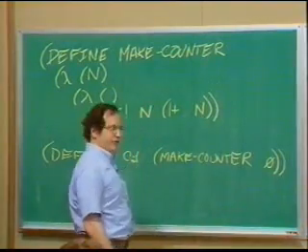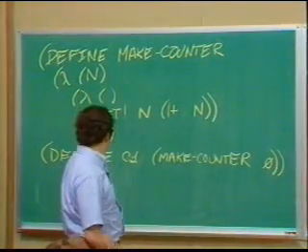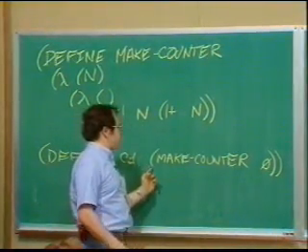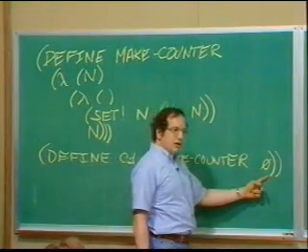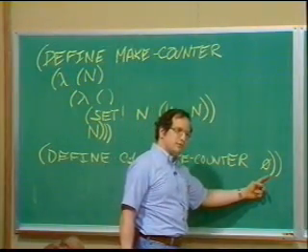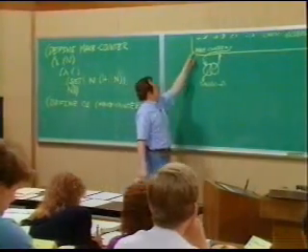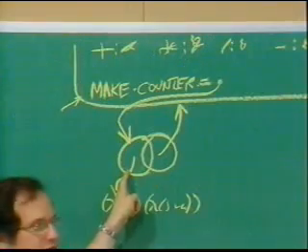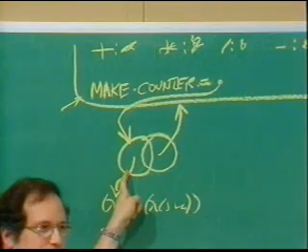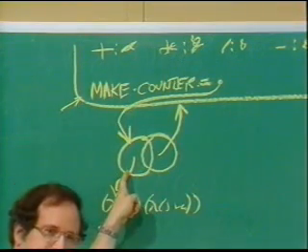Well, we know how to do this now, according to the model. I have to evaluate the expression make counter of 0 in the global environment. I look up make counter and see that it's a procedure. I'm going to have to apply that procedure.